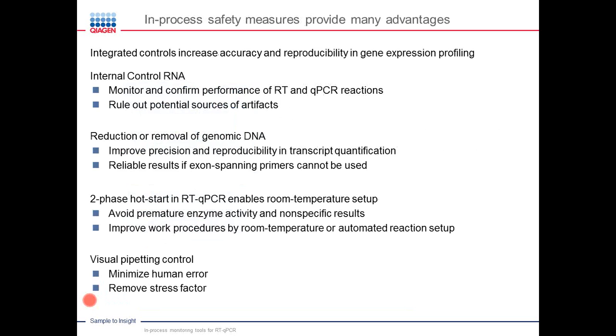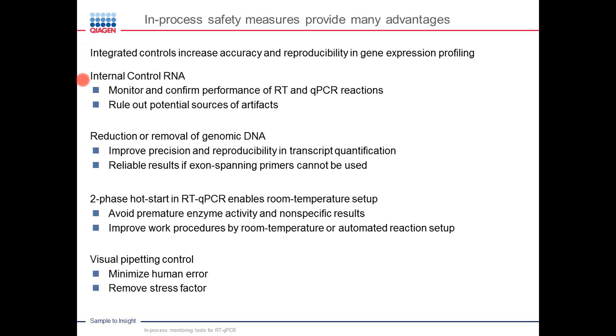So what I would like to summarize here is there are a number of features that can be included in qPCR kits that are integrated and that ensure that we are getting highly reproducible and accurate results without any additional work steps.